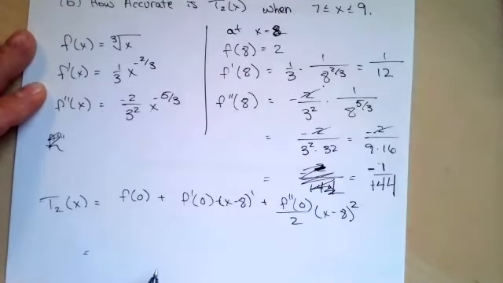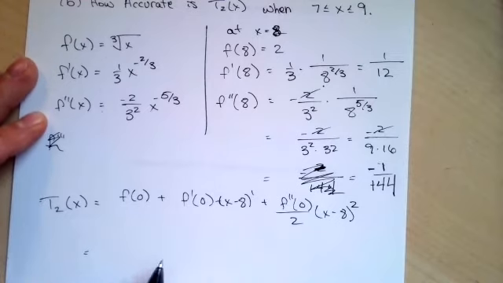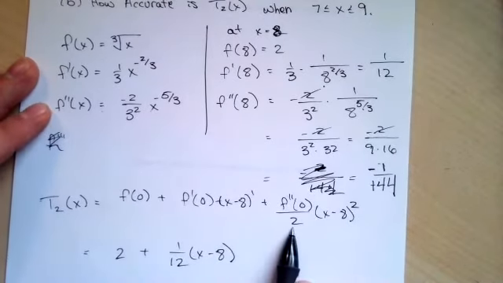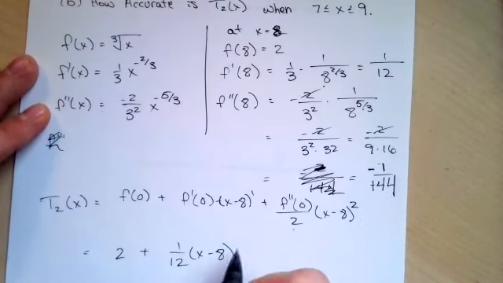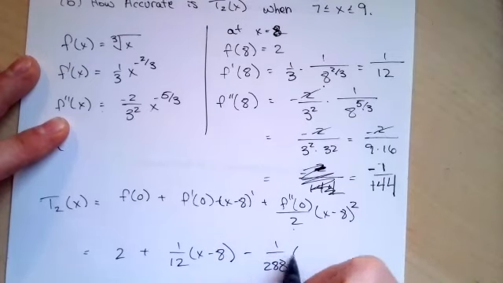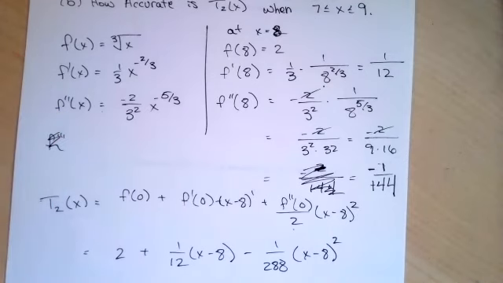We can fill in our values. And we are going to get f of 8 was 2, plus 1/12 times x minus 8. And then now we're going to have an extra factor of 2 on this guy. So this was negative 1 over 288 times x minus 8 squared.